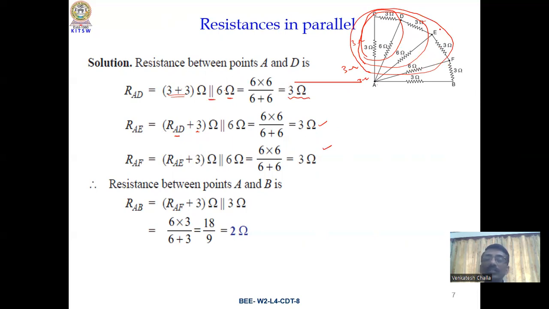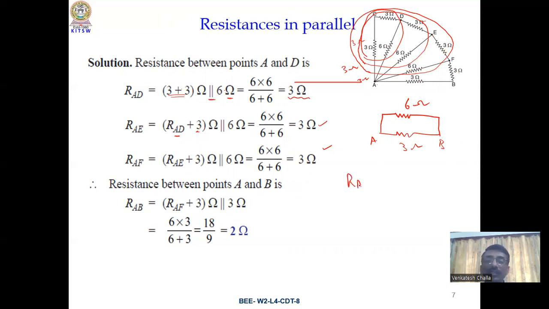So many resistors are there, but finally it is one single equivalent resistance of 3 ohms. That 3 and this 3 are in series, so that becomes 6 ohms. So finally you get 3 ohms between A and B and 6 ohms. This combined 3 plus this 3 is 6 ohms. 6 and 3 are in parallel.